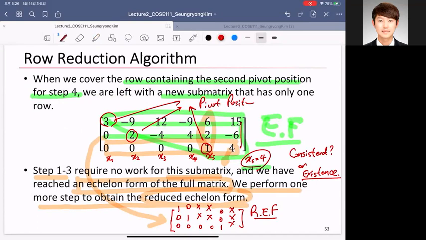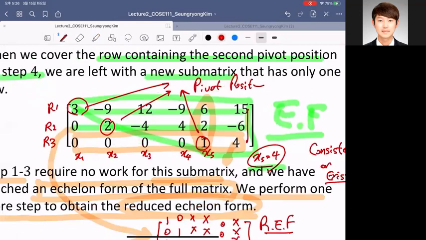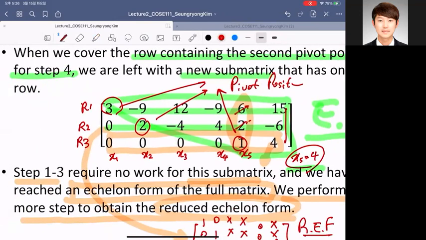Okay, let's suppose that this is R1 and R2 and R3. So to make this term and this term 0, we have to consider two kinds of replacement operation. First of all, new R2 should be R2 minus 2R3 to reduce this one to 0, right?